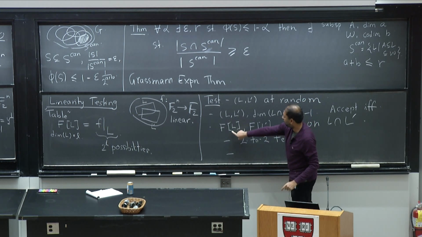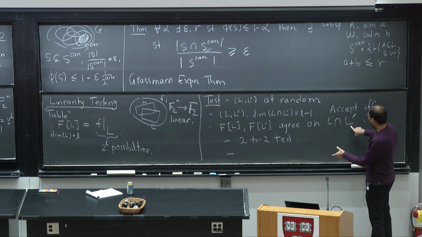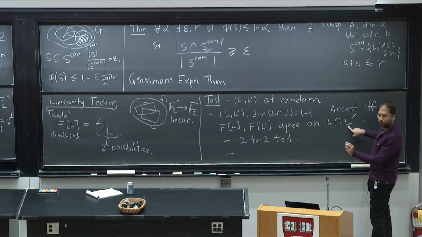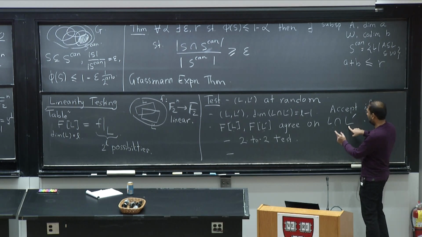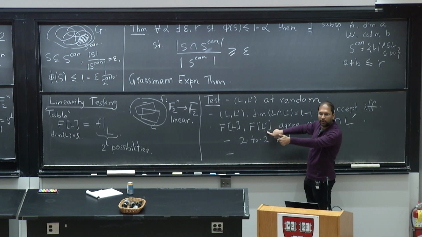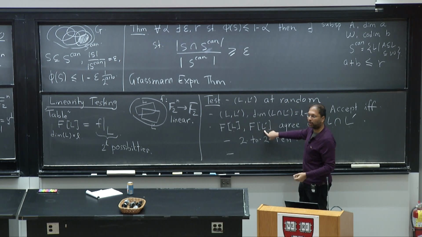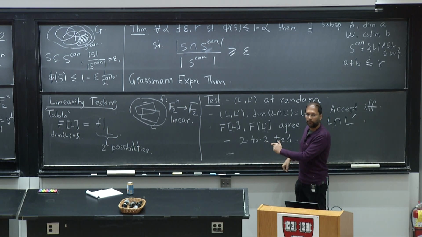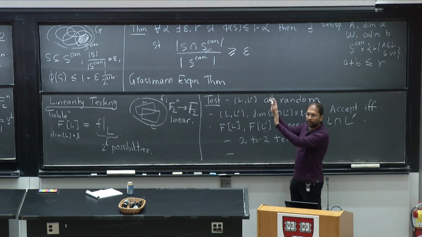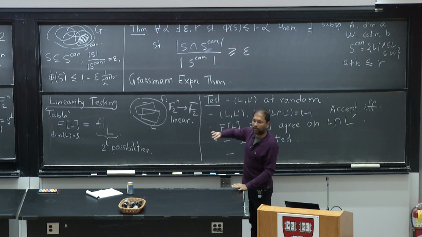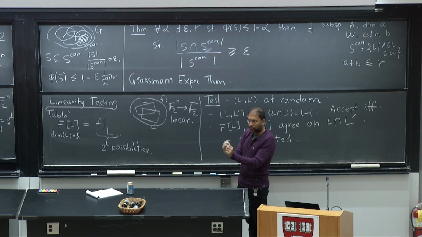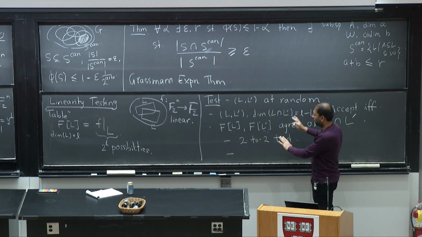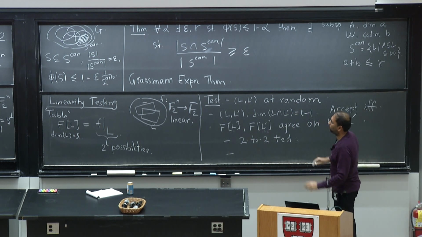Once you have the restriction to L, it completely determines the function on the intersection, and then to extend it to L prime there are only two more possibilities, since the functions have to be linear. So given an answer to L, there are exactly two answers to L prime for which I could possibly accept, and vice versa. In the end, this is going to correspond to the proof of the 2-to-2 games theorem, where the constraints are these 2-to-2 constraints. So this connects the whole business with actually constructing reductions.